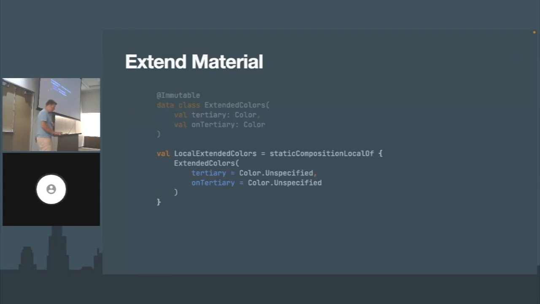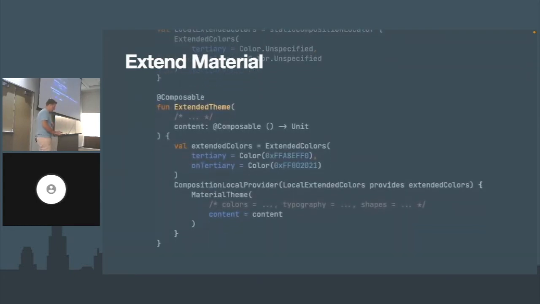From there, this code block right here is very similar to our previously customized material theme. It's a composable block that takes a lambda, and then here we instantiate whatever our default extended colors are for our theme. And then here's sort of the magic of this approach.